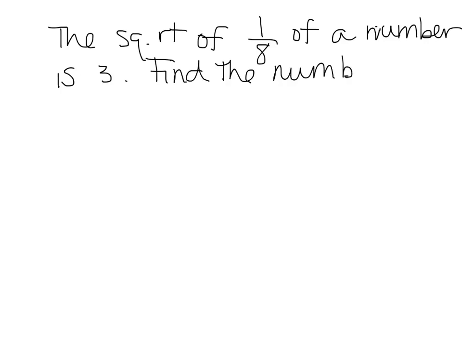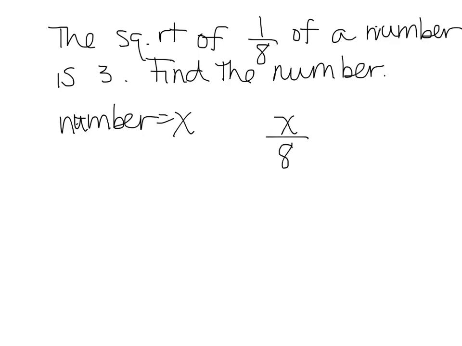I have to translate. 1/8 of a number, so the number is equal to x. 1/8 of a number would be x divided by 8. The square root of that would be the square root of x divided by 8 is equal to 3.